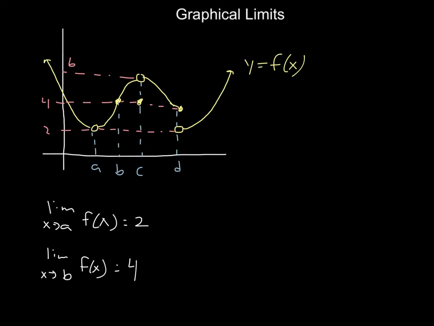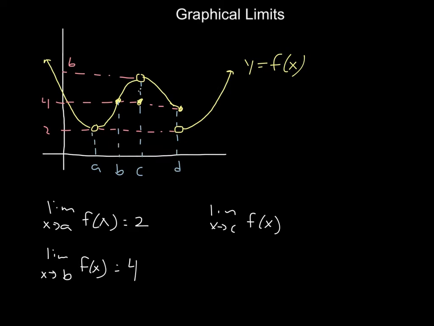That's good. Now let's look at what happens at c. Take the limit as x approaches c of f of x. Now in this situation, you're going to notice something. We have an open circle right at this point. But we also know that when I put c into f, I'm going to get this value here, which happens to be 4. What you have to remember again is that the limit is the one number we are approaching as x moves closer and closer to c, but not equal to c.